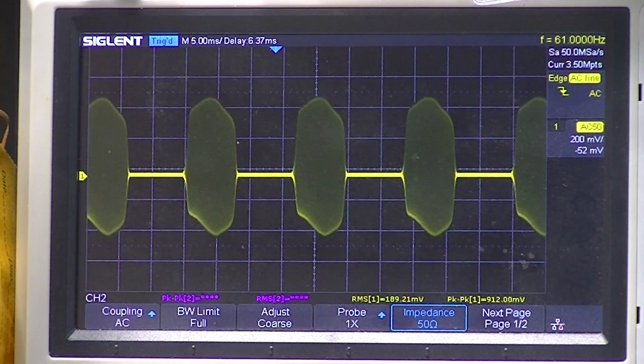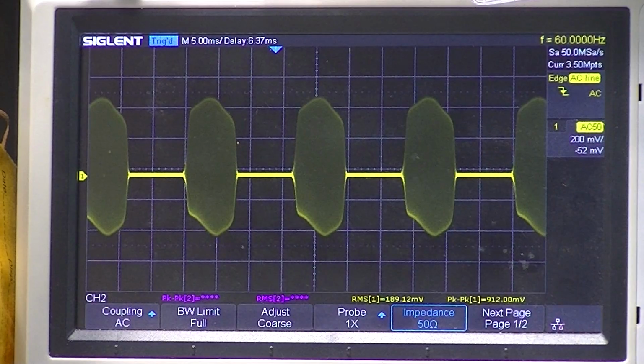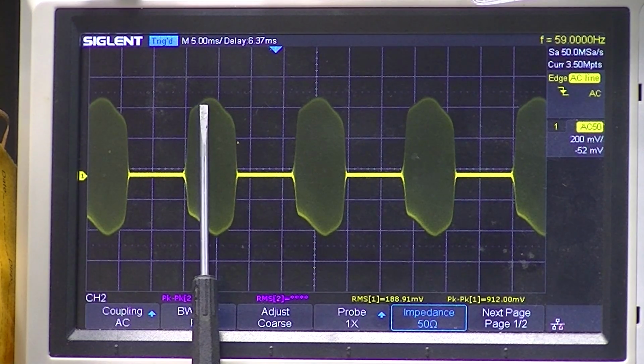We still get the same burst pattern, but unlike before, the infill now is 10.7 megahertz nominal, but it's sweeping back and forth. What that means is the center frequency is probably 10.7 megahertz.